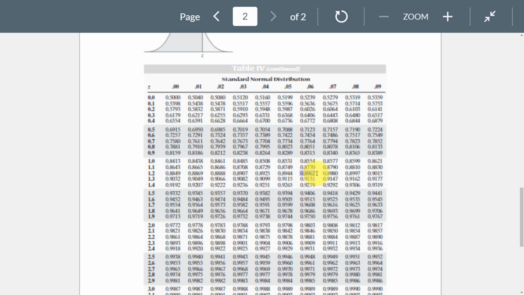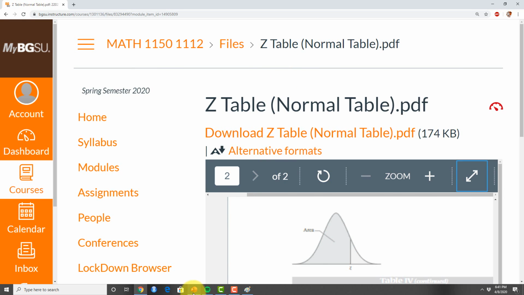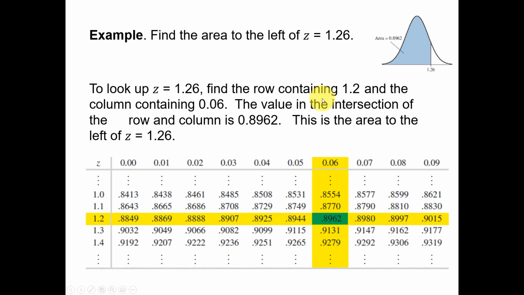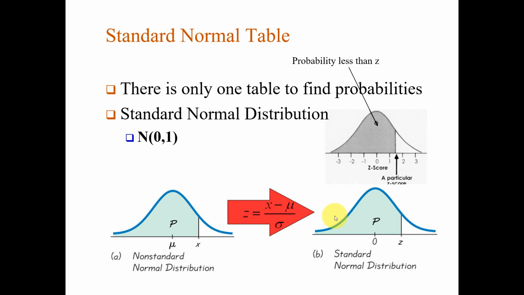This 0.8962 is the area to the left of z at 1.26. You can see it illustrated again here: the 1.2 row, here's the 0.6 column, that's 1.26, and I showed you this on your PDF that's on Canvas.